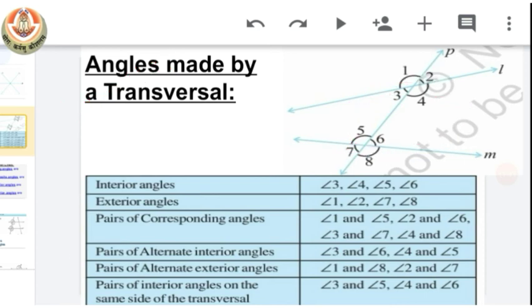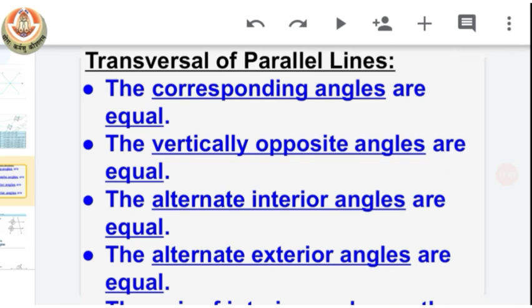Now let's move on to another slide in which we're going to learn what happens when a transversal crosses parallel lines. In that case, when we have these 8 angles, what are the relations between these angles?